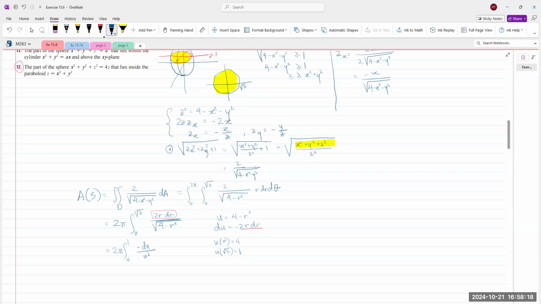Or this is 2 pi integral from 1 to 4, that way I get a positive coefficient, u to the power of negative 1/2. When I integrate that, I believe I will get 2 pi times 2 u to the power of 1/2 from 1 to 4. That's 4 pi. Square root of 4 is 2, square root of 1 is 1, so that's just 4 pi.